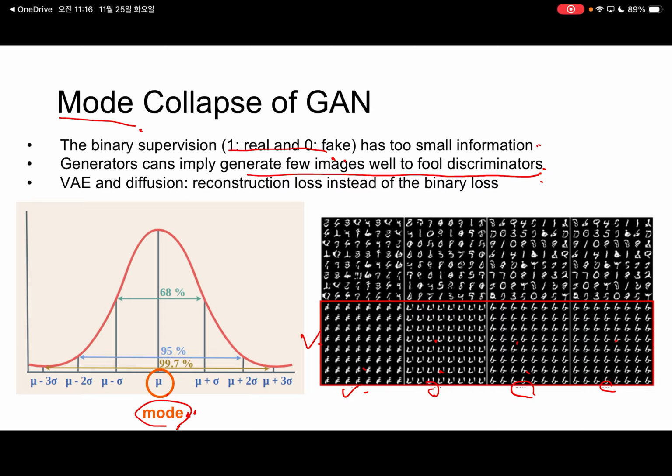But this is not what we want, so this kind of mode collapse happens quite often when training GAN. But VAE and diffusion have reconstruction loss instead of binary loss, right? Reconstruction loss is an explicit target, so it is very informative. So with VAE and diffusion, mode collapse does not happen much, but when training GAN, we can see lots of mode collapse without carefully balancing generator and discriminator.